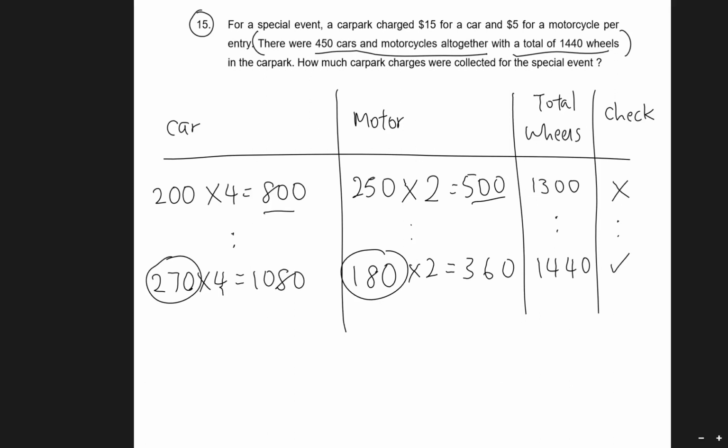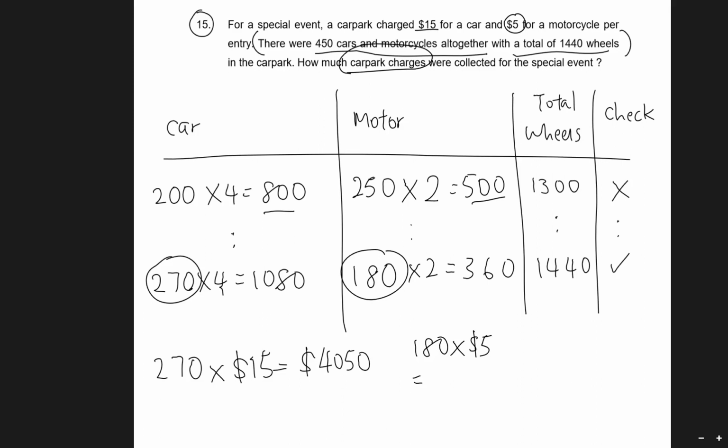Alright. Now, how much does the car park charge? If you have 270 cars and each car is charged $15, let's find out how much money will be collected. You will collect $4,050 for cars. Now if you have 180 motorcycles and each is charged $5, you will collect $900 in total.